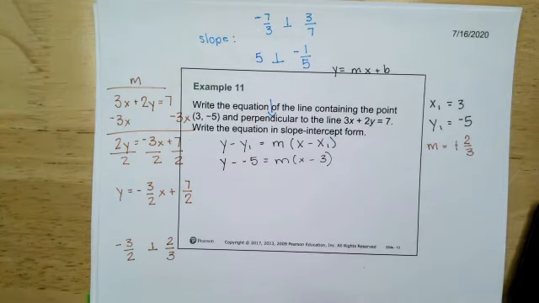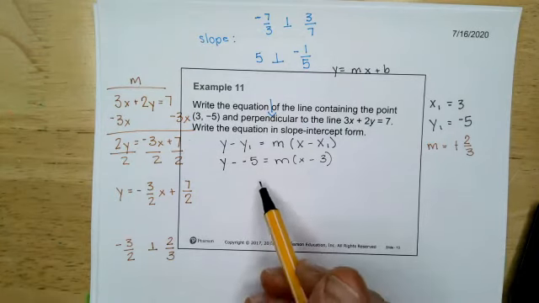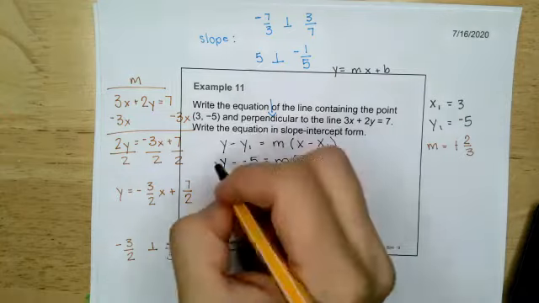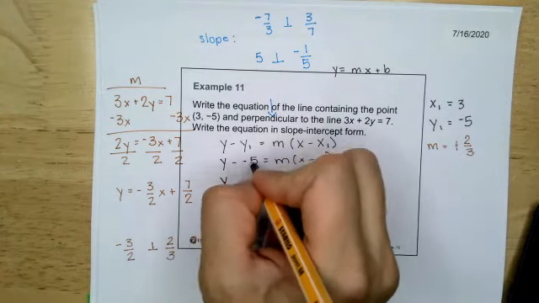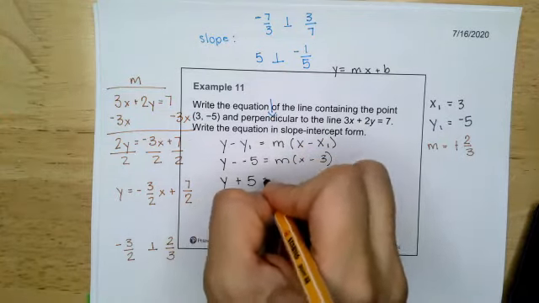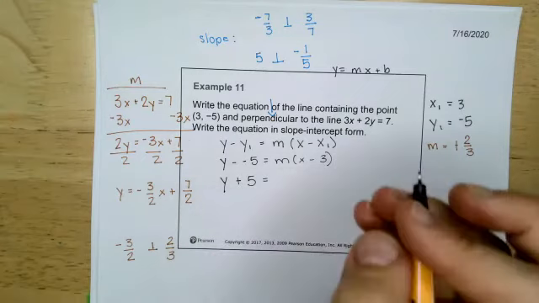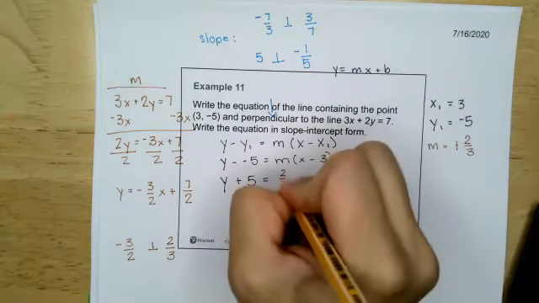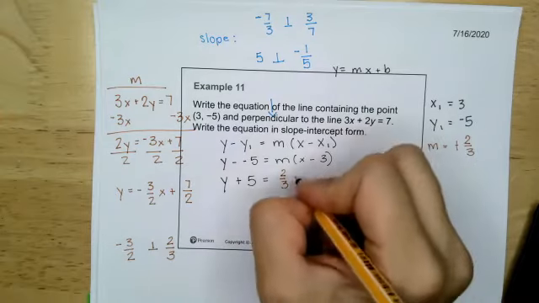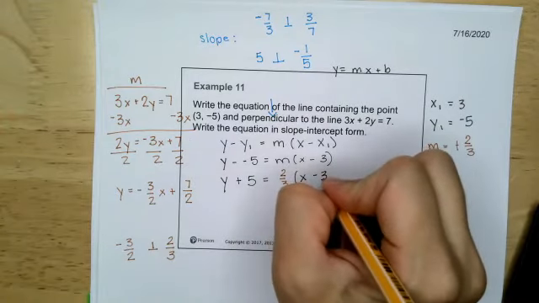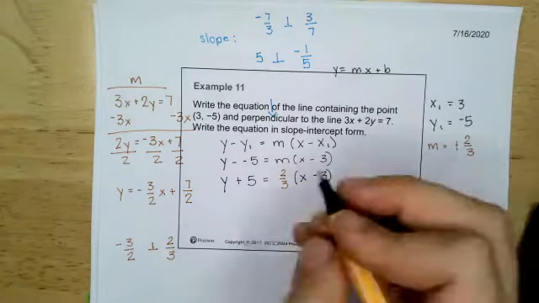So my slope is 2/3. Now I know what to put in here. y minus a negative 5 is y plus 5 equals, instead of the letter m, 2/3 times x minus 3.